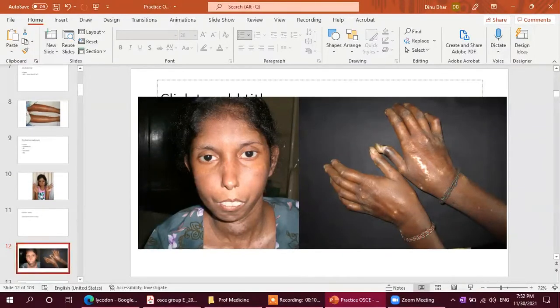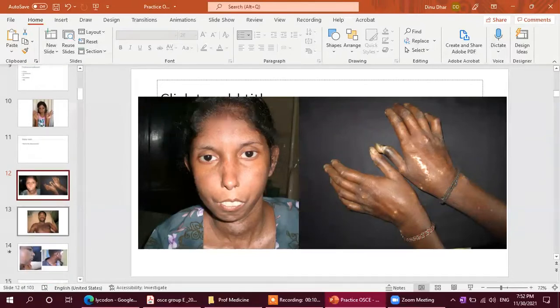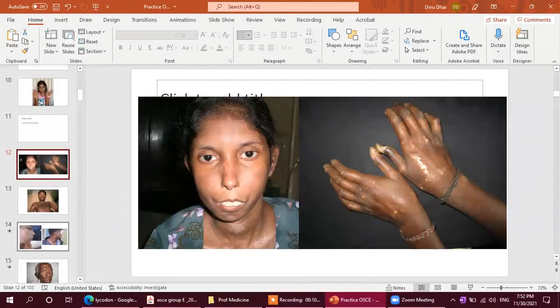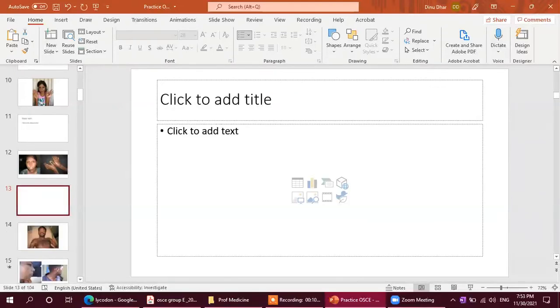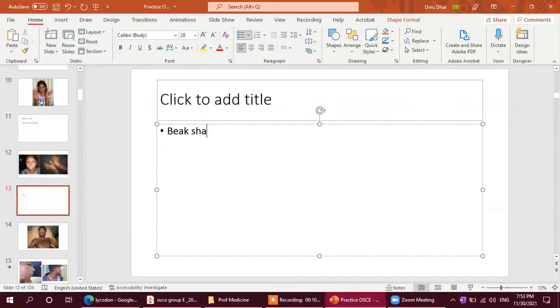Beak-shaped nose, thick, shiny skin, quite typical of systemic sclerosis. They cannot open their mouth fully, and microstomia. Of course, you can't see that in this picture.